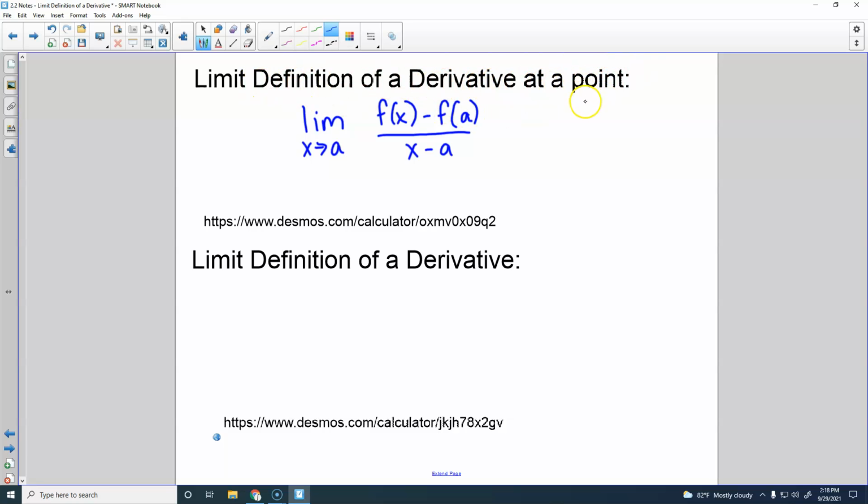That specific point is wherever x equals a. f of x and f of a are y coordinates. x and a are both x coordinates. So the 2 points that you're using are x, f of x, and a, f of a.